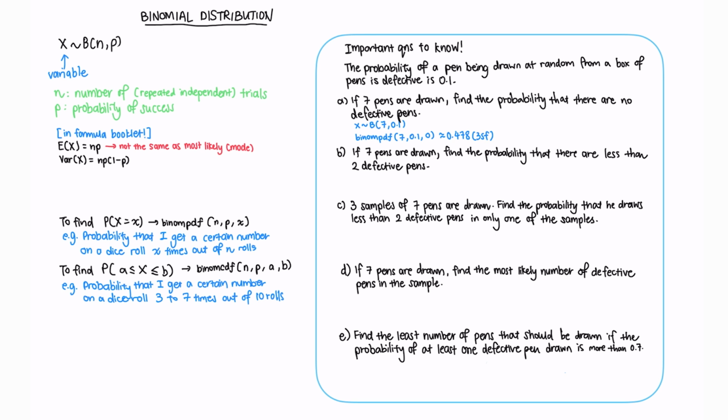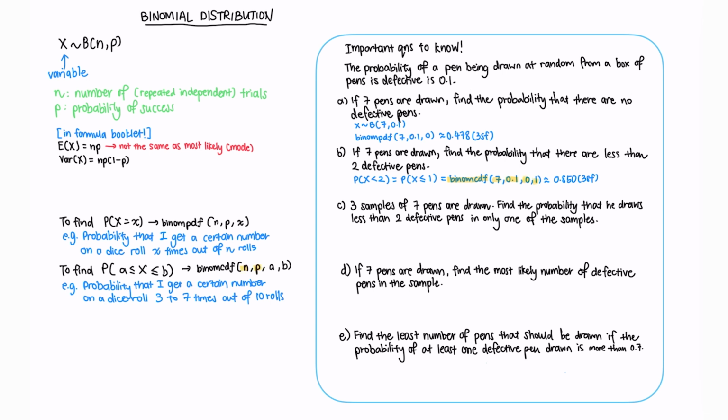Now the next one, if 7 pens are drawn, find the probability that there are less than 2 defective pens. The probability that there are less than 2 defective pens, P(X < 2), is actually the same as the probability of getting 1 or less. Because again, if it's less than 2, it can only be 0 or 1. Now I'll use binom CDF and then 7, 0.1, again n, p.